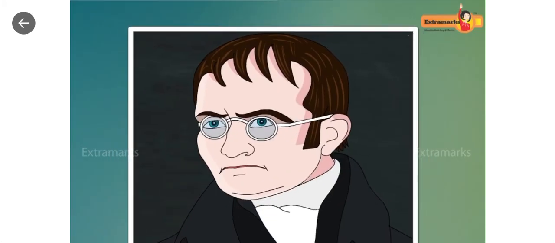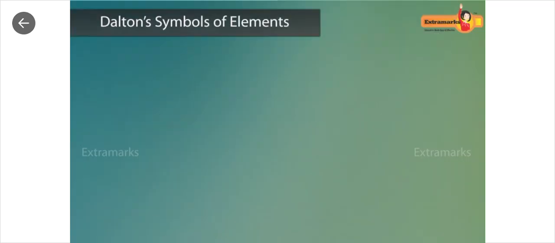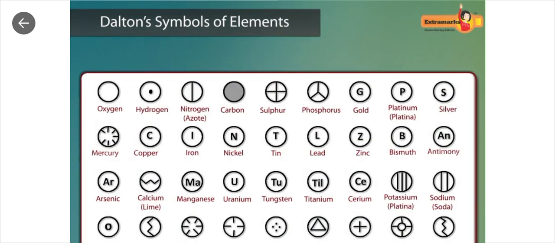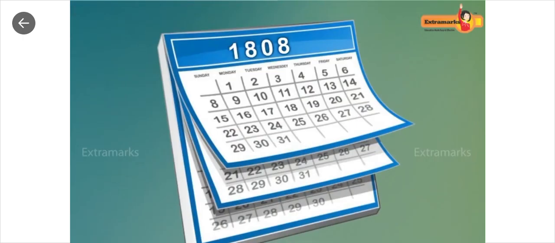English chemist John Dalton was the first scientist who started using symbols to represent the atoms of different elements. These symbols were pictorial in nature. He used 36 different symbols for different elements. However, Dalton's symbols of elements were difficult to draw and inconvenient to use.